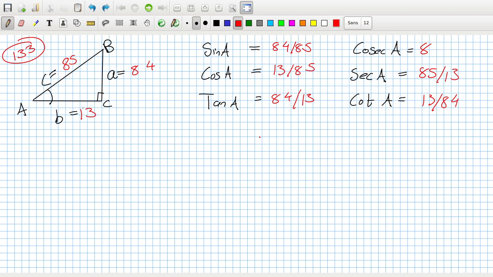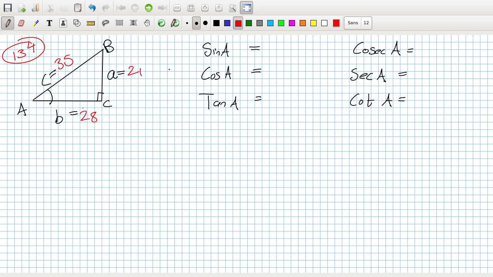134. B is 28, C is 35, and A from Pythagoras, the square root of 35 squared minus 28 squared, is 21.